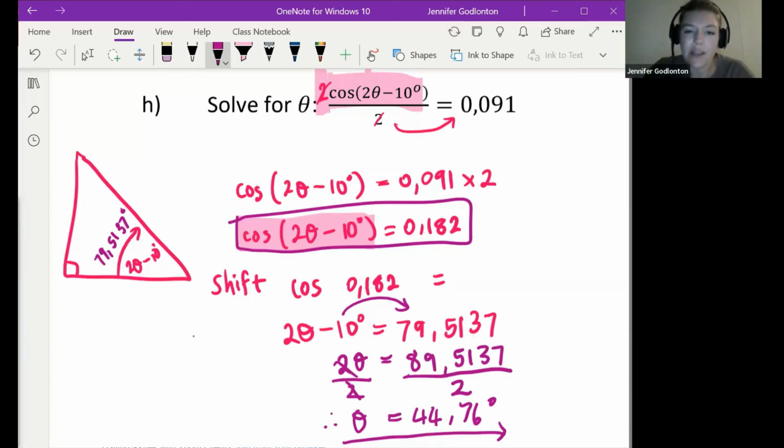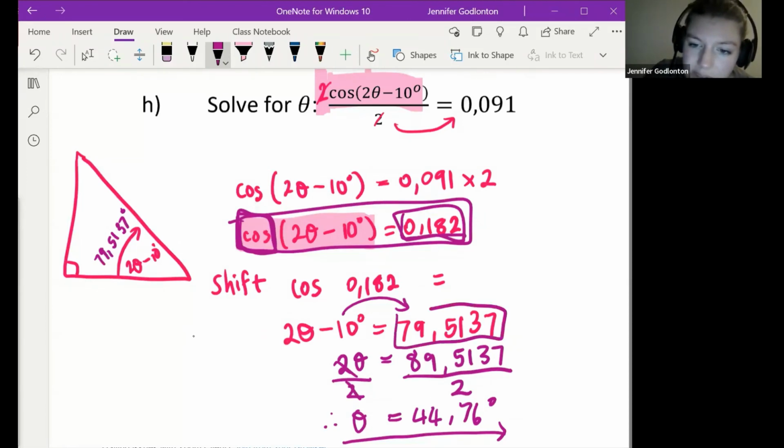Okay, from there down. Once we've isolated it from here, as soon as the trig ratio is isolated and it's equal to something, that's when we go into our calculator. The most important thing is we know we're dealing with cos. So we're going to say shift cos, and then we always put in whatever the answer is on the other side. So shift cos 0,182, and that gives me 79,5137.